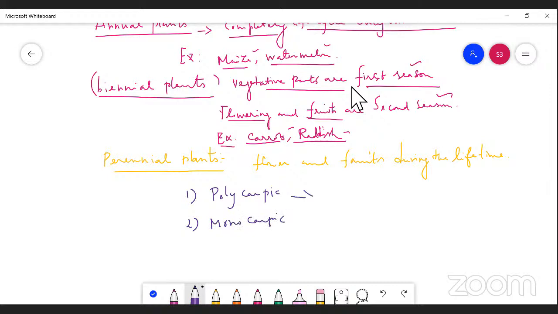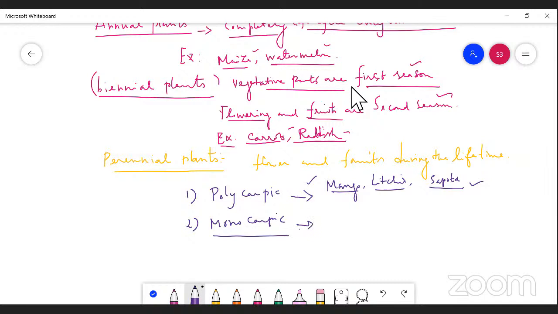So what is called polycarpic? The fruits and flowers are produced season to season. The plant that produces in this way is called a polycarpic plant. For example, mango, lychee, and sapota.